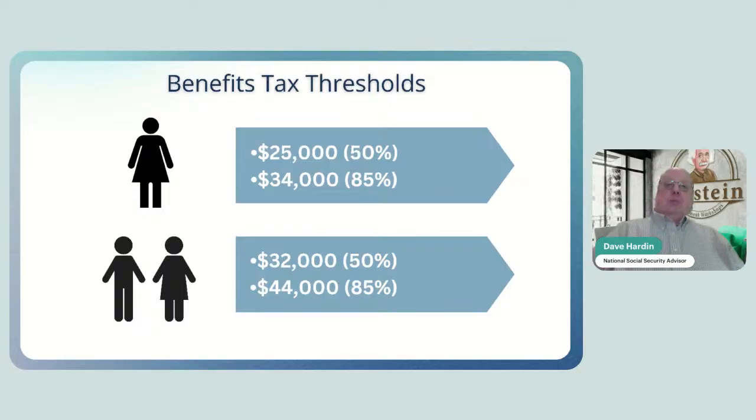So, if you pay 10% on the last dollar of income, then it's 10%. If you pay 15, it's 15. If you pay 22, it's 22. If you pay 28, it's 28. If you pay 35, it's 35. But it's the highest marginal tax rate that you pay in your taxes. If you earn $34,000 of provisional income, 85% of your Social Security is fully taxable at the highest marginal tax rate you pay.